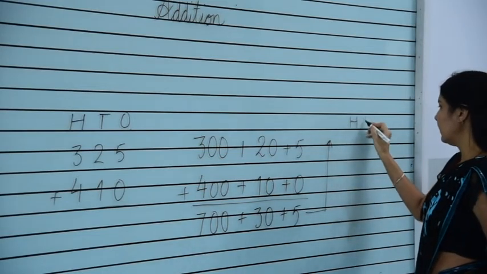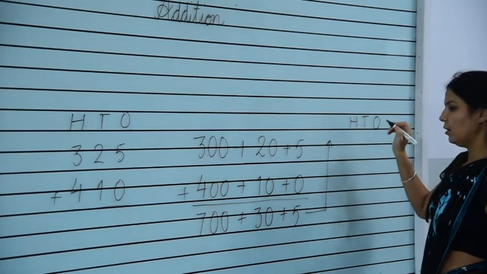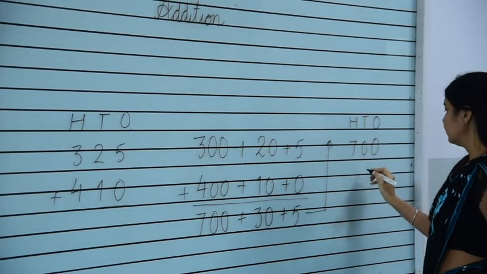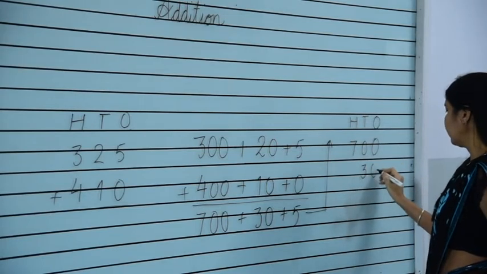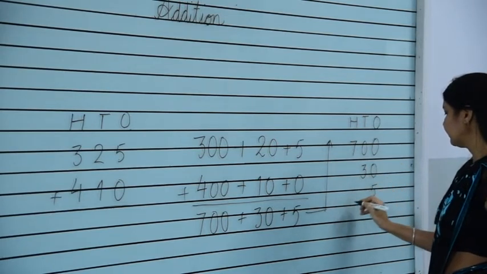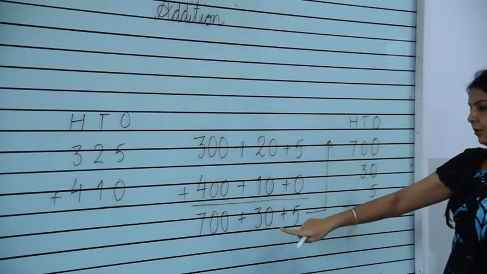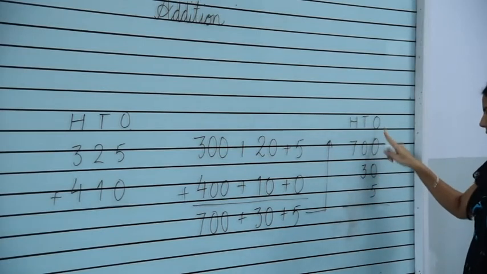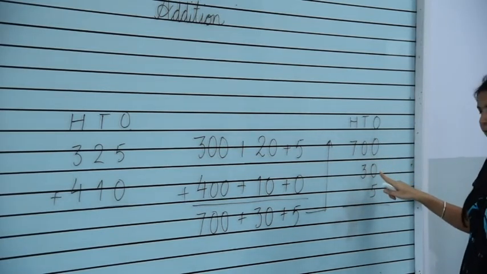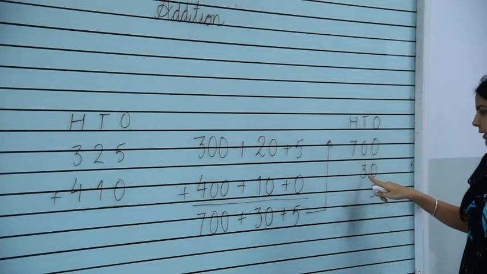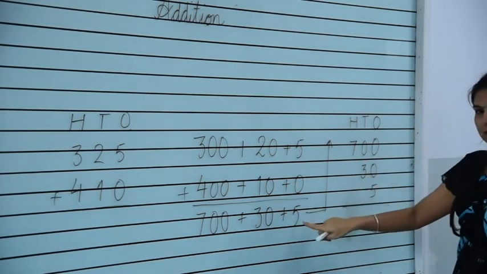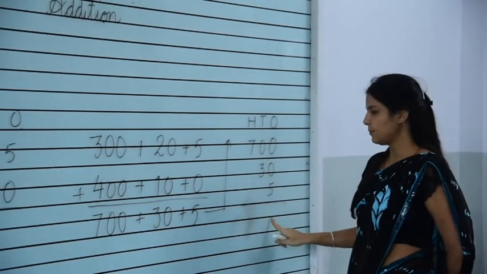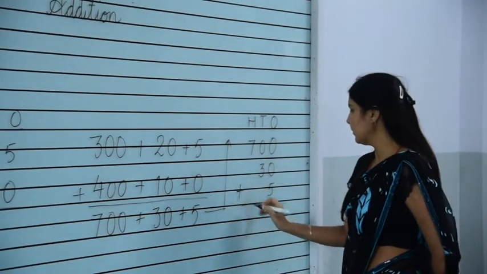We will arrange them in columns: 700, 30 and 5. Here you know the hundreds digit is not there, so we will write 30. 0 is at ones place, 3 is at tens place, and here only ones place, so we will write 5 at the ones place. Now we will add these numbers.